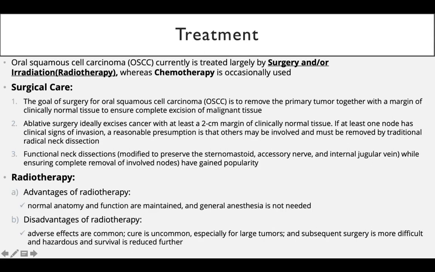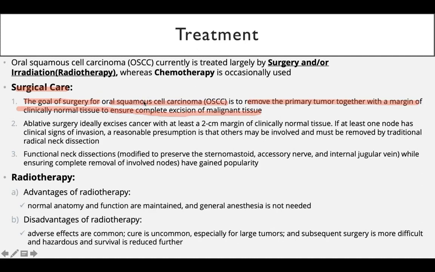Let's see how surgical care is done in this case. The goal of surgery for oral squamous cell carcinoma is to remove the primary tumor together with the margins of clinically normal tissues to ensure complete excision of malignant tissues.